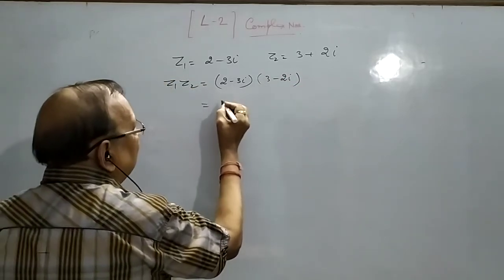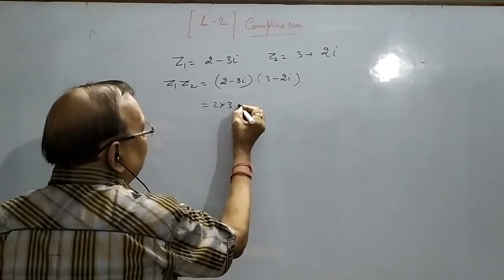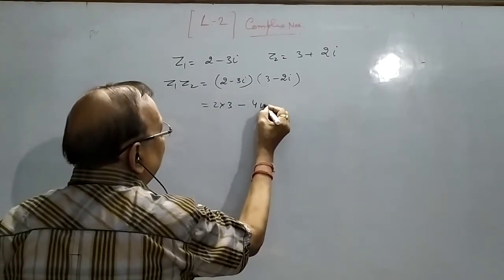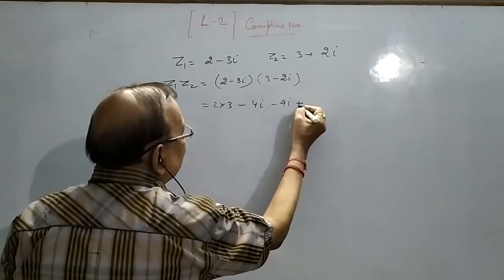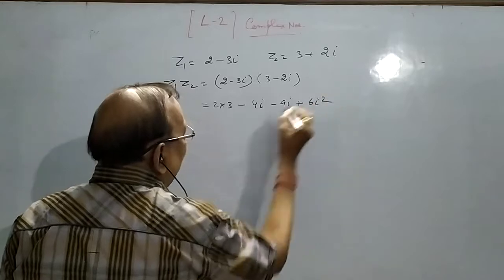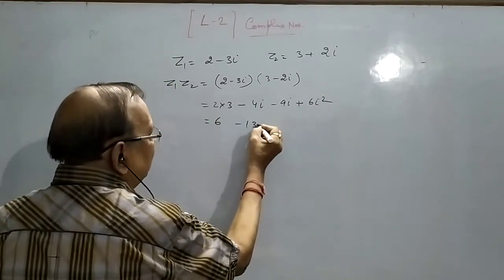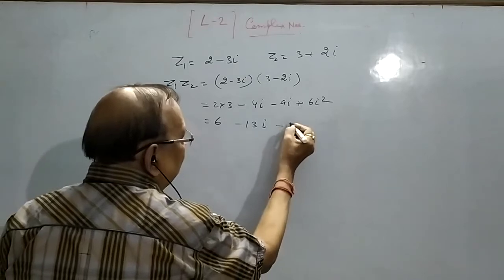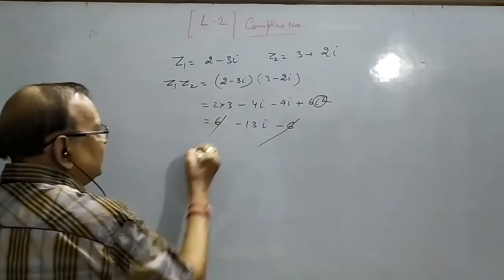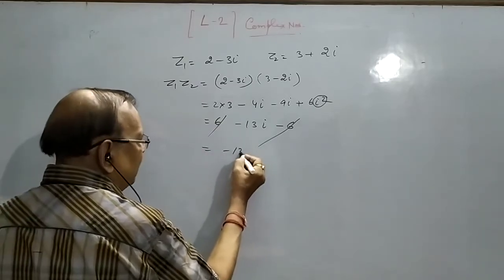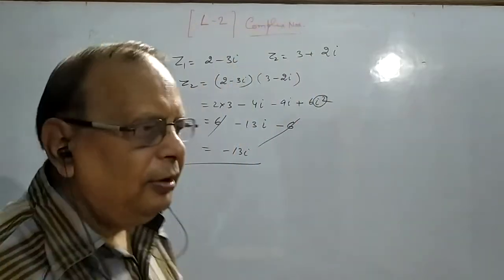That will be 2 into 3, plus 4i, minus 9i, minus 6i square. That is 6 minus 5i plus 6, since i square means minus 1. That cancels this minus, giving 13. There is no imaginary part.